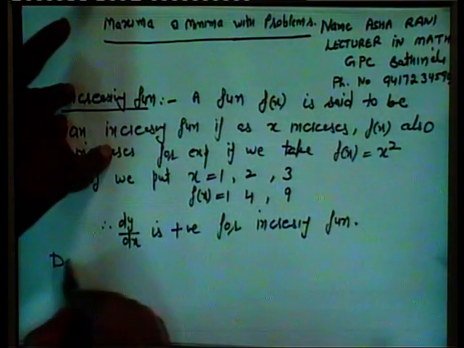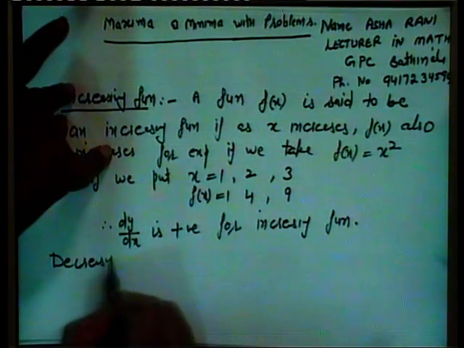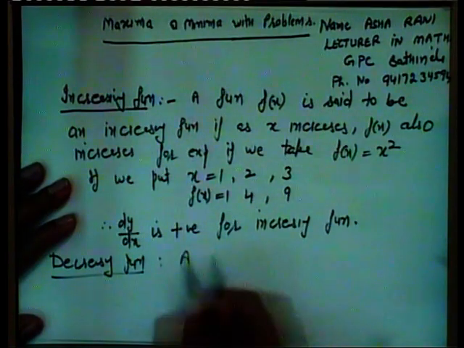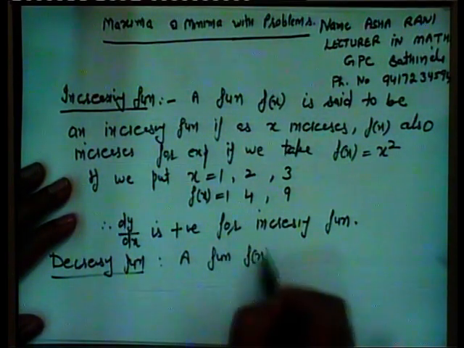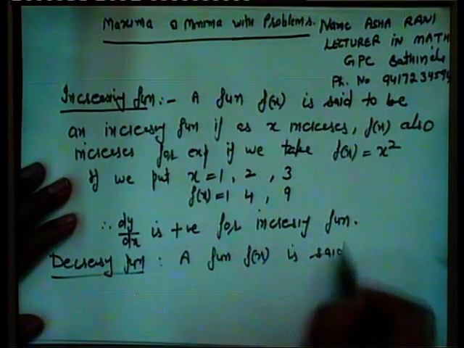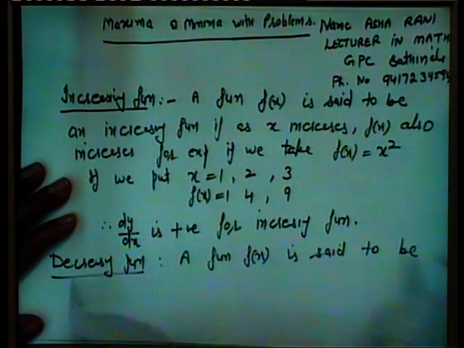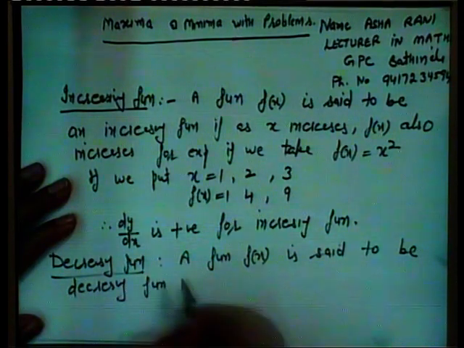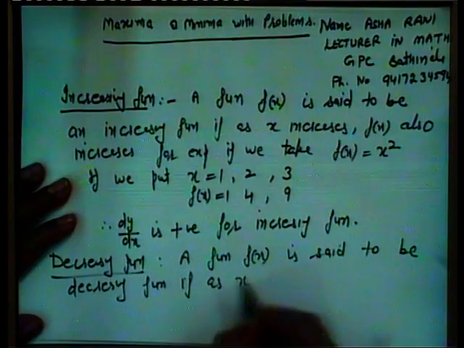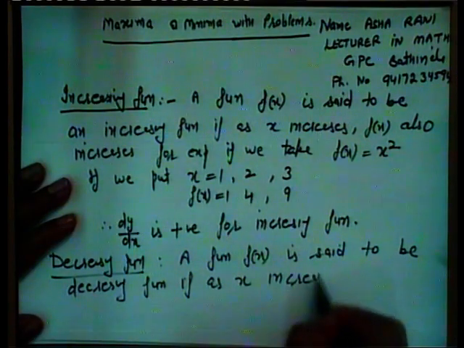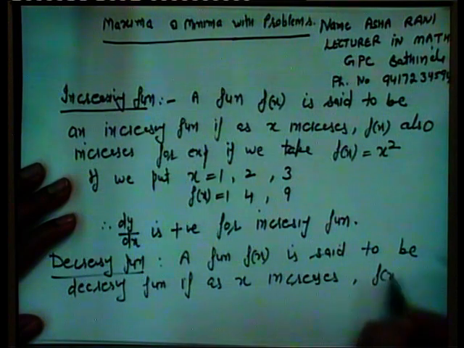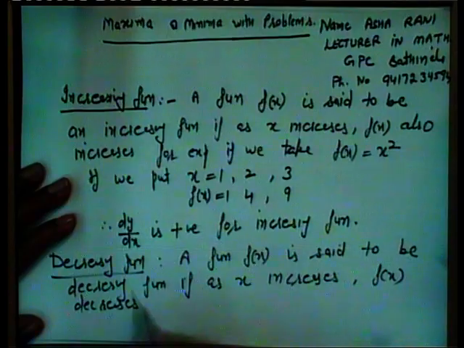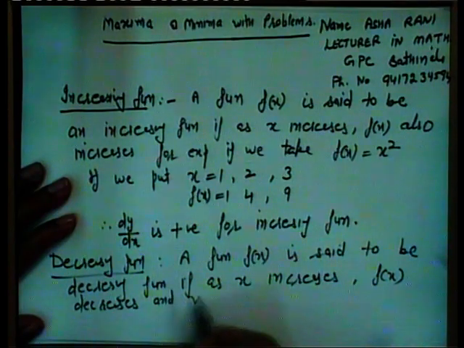Now, decreasing function. A function f(x) is said to be a decreasing function if, as x increases, f(x) decreases, and vice versa.